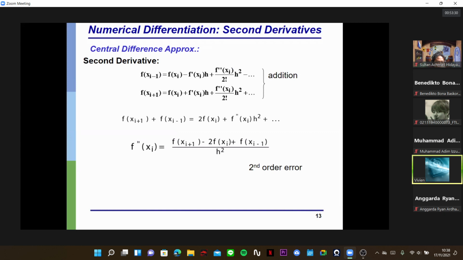And also for the central divided difference, this is for fourth order. So central divided difference higher order scheme, which is fourth order, because the lowest order for the central difference is second order. Now for the fourth order, here we have the calculation for the first derivative or the gradient, which will be shown as this one.